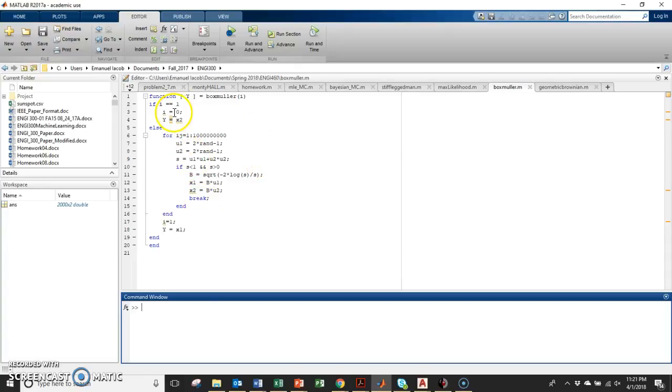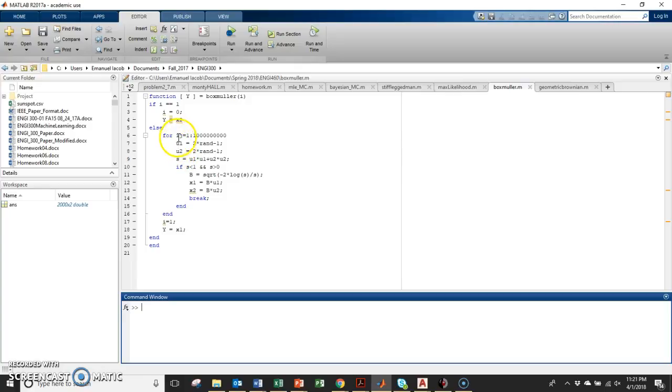Basically, we initiate that we want to make i a Boolean. So if i is equal to 1, then we set it to 0, false, and output the y. In this else statement, otherwise if it's not 1, it'll run through these iterations. This is taken from Appendix 6 of the Monte Carlo and Digital Simulations in Finances book that we have.